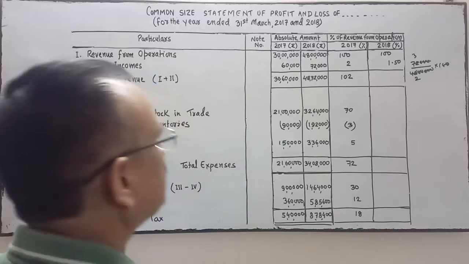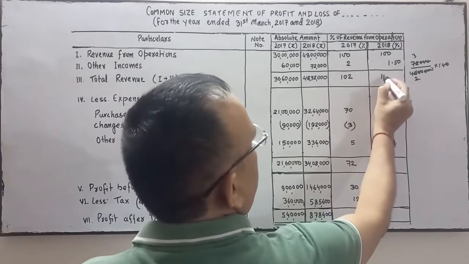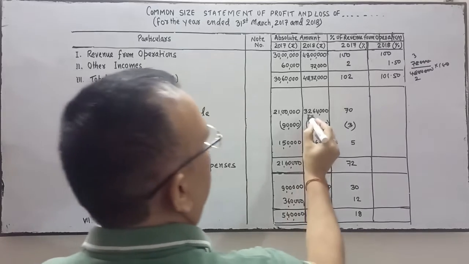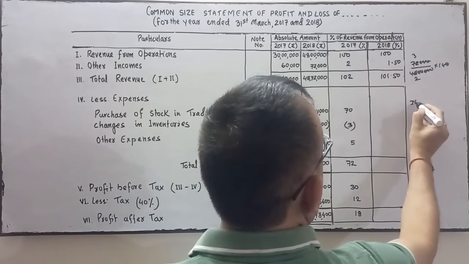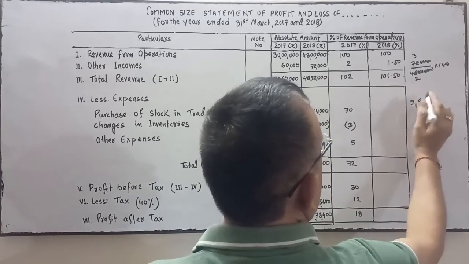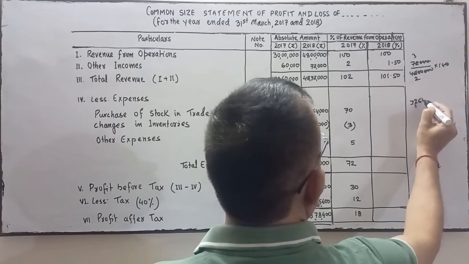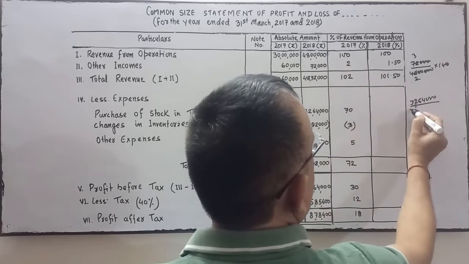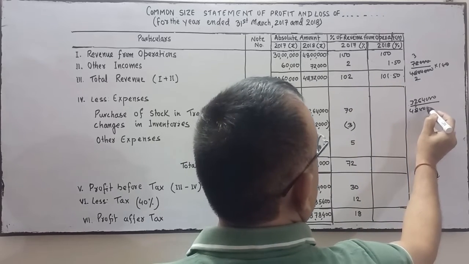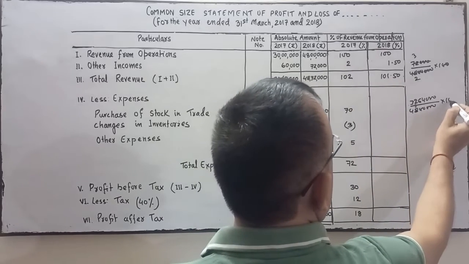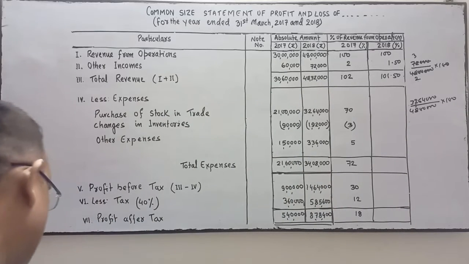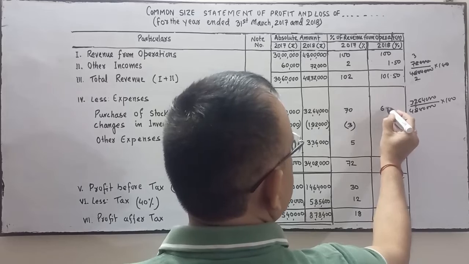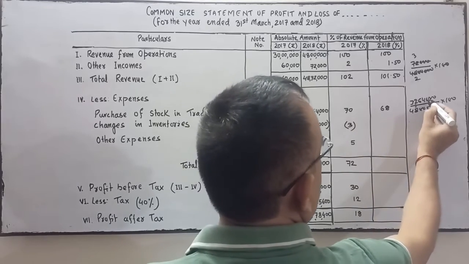So it is 101.50 in total. Now 32 lakhs 64,000 upon 48 lakhs into 100. It is 68%.